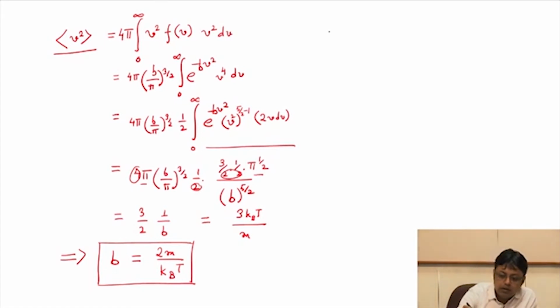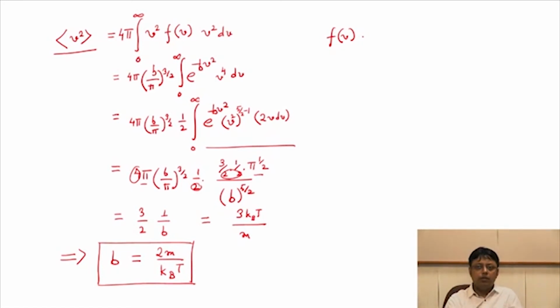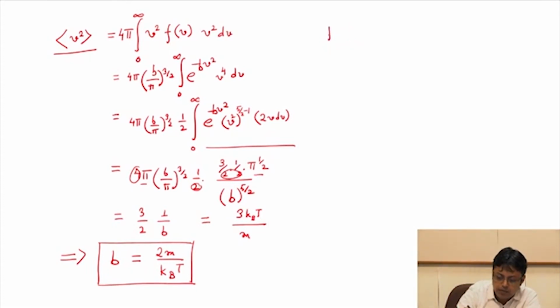So the distribution function f of v. Now instead of f of v, we are writing every time what is the exact distribution function, but then when we are integrating it, with v and v plus dv. So what we'll write from now onward, we just introduce a new distribution function.